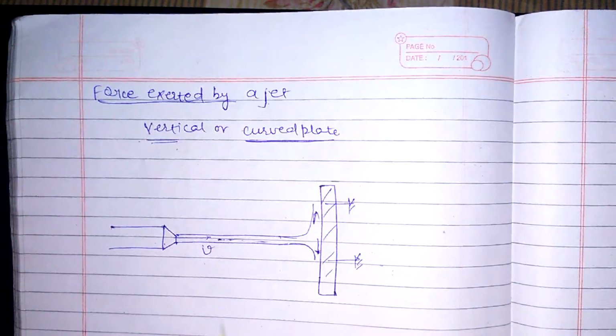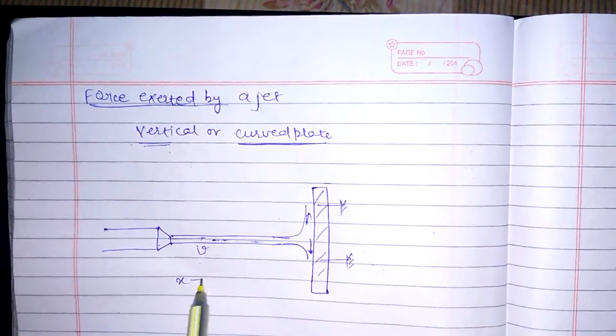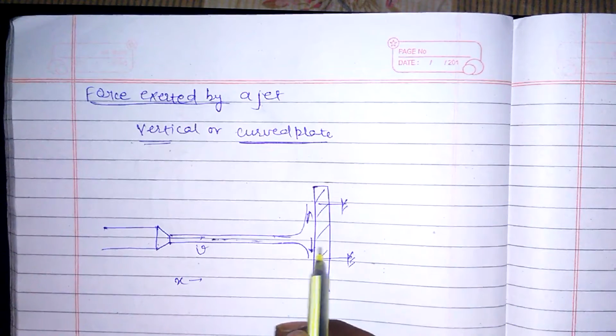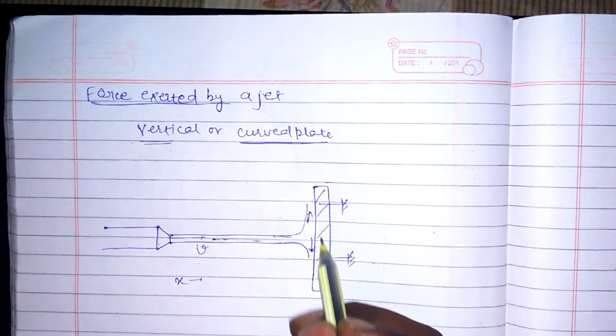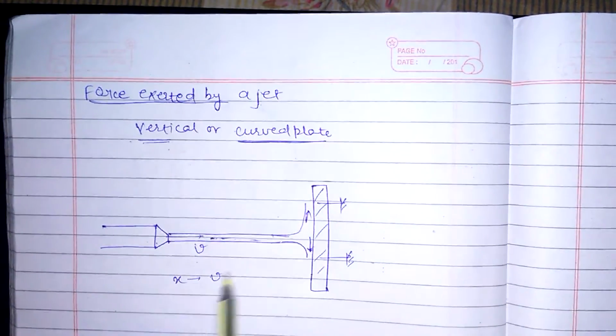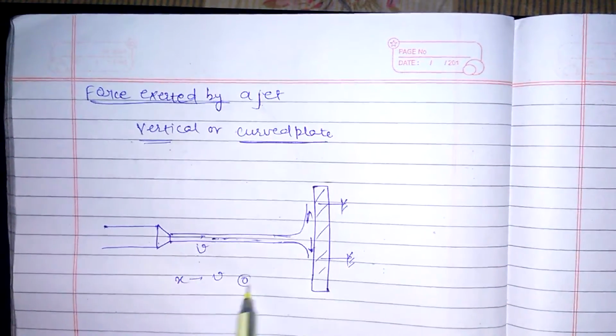Thus the velocity of flow in x direction before striking the plate would be v, and after striking it would be 0.